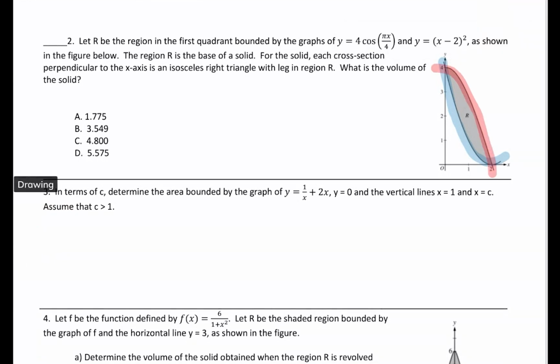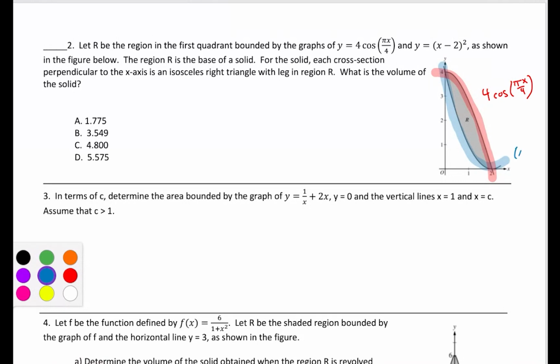So yeah, this top one is going to be the cosine of, we forgot the 4. Did I type that in? I think I did, but I might want to go back and check. And then the other function, this one's going to be the x minus 2 squared.